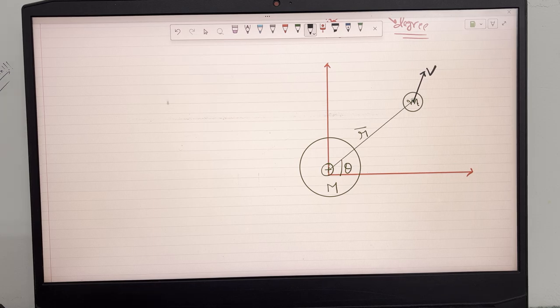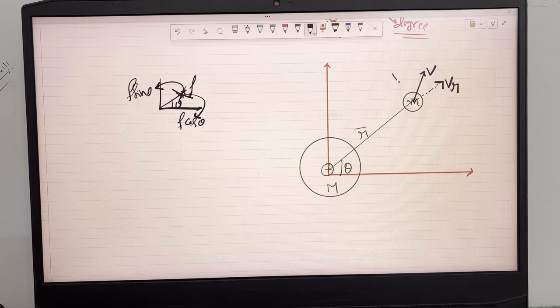In 11th or 12th standard, we studied that for resolving forces, if your force is at some angle, we can resolve it into two parts, F cos theta and F sin theta. At the same time we will resolve this velocity into components, that is V r and V theta.